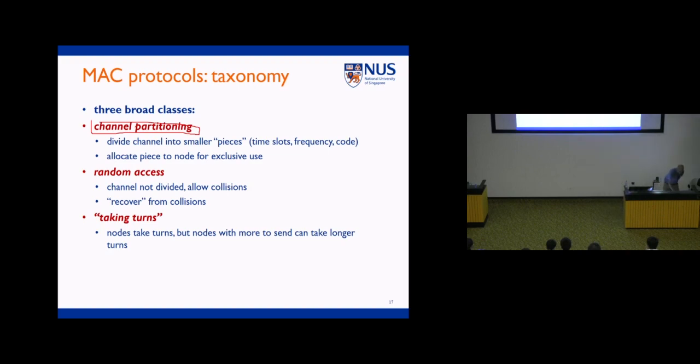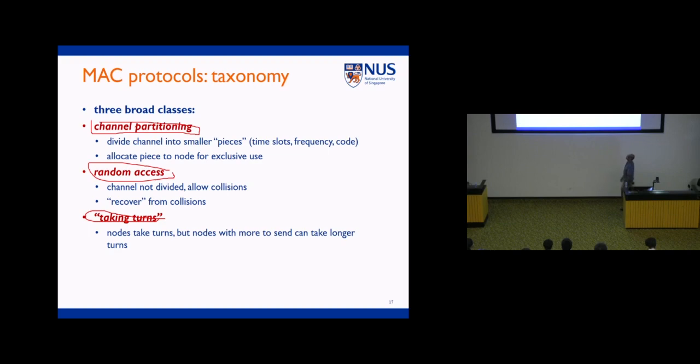Then there are some things which are easy to understand. This is to say we take turns. Somehow we will have a round robin or some other mechanism. We can take turns. And then the one in the middle, this is the more interesting one and the more common one. This is random access.